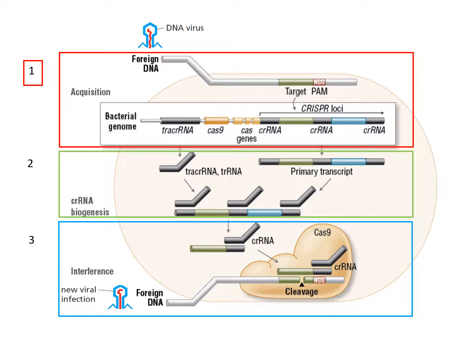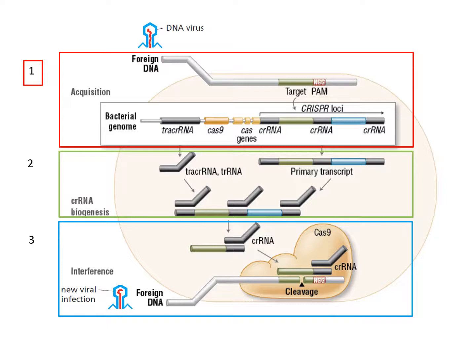They're genes, and they produce Cas proteins. The Cas proteins, as mentioned, are endonucleases, and they're basically in charge of cleaving the foreign DNA adjacent to the PAM sequence and integrating it into the CRISPR loci.